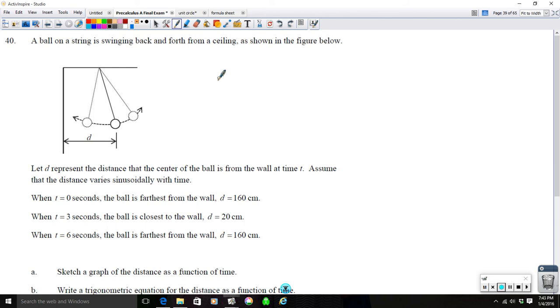Okay, so draw a graph as distance as a function of time. So I'm going to do this first up here. This tells you at t equals 0 seconds that we are 160 centimeters away from the wall. So this is time, and this is the distance from the wall.